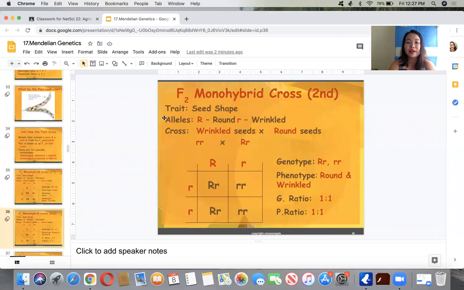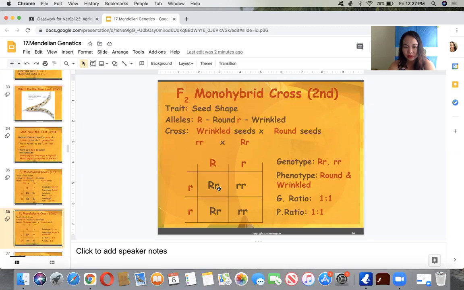In the F2 monohybrid cross, or the second combination between wrinkled seeds and round seeds, as shown here, you will have two heterozygous round seeds and two homozygous wrinkled seeds, with a ratio of 1:1.